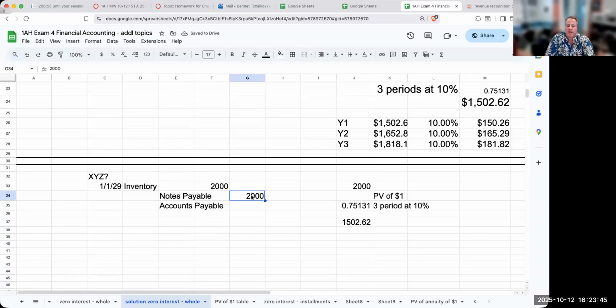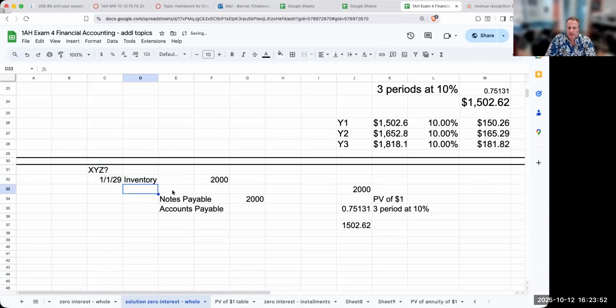So the note payable or the account payable that I'm going to be recording, well, it says $2,000, but on my balance sheet, it's not really worth 2,000. It's really worth 1502.62 because I'm not going to have to pay it for 3 years from now.